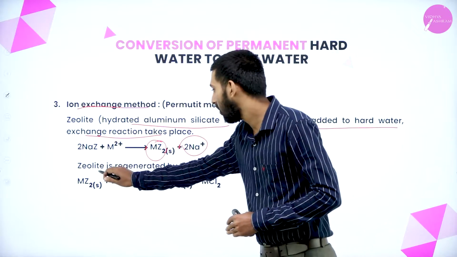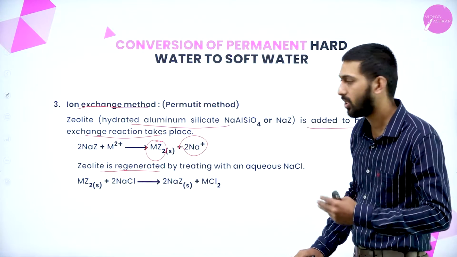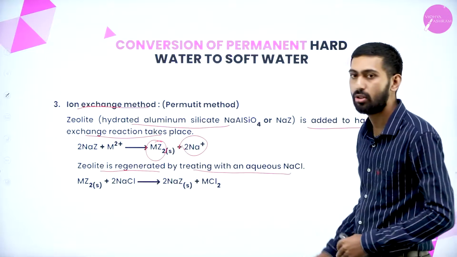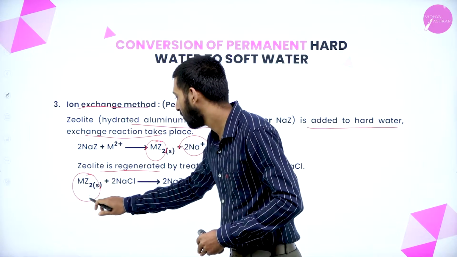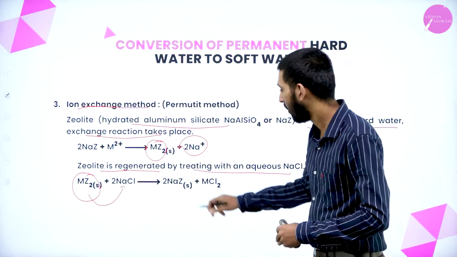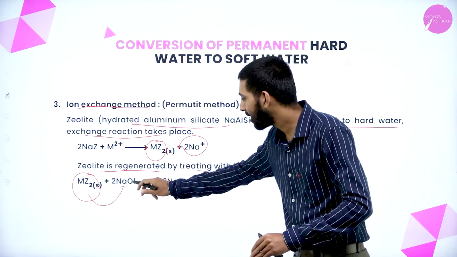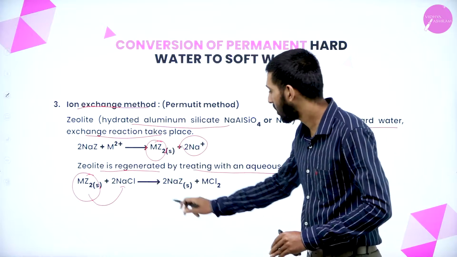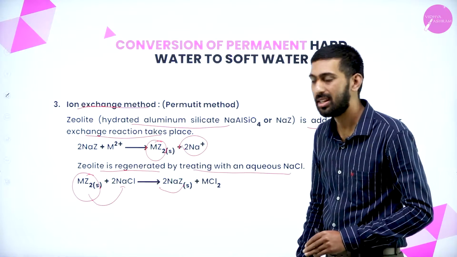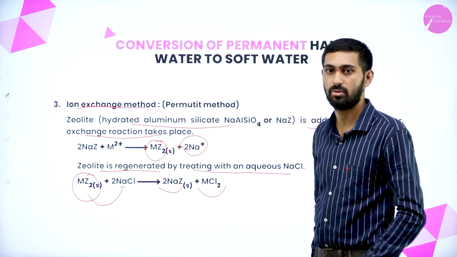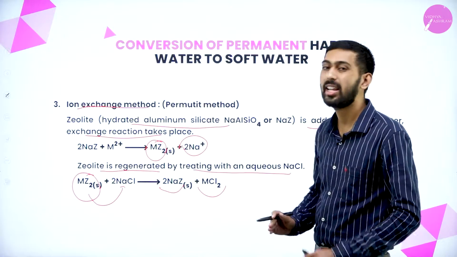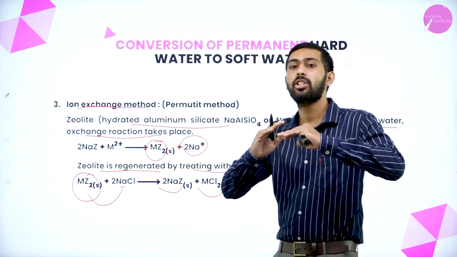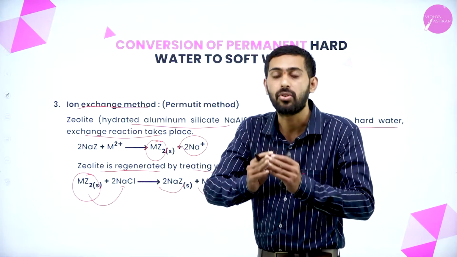Here zeolite is regenerated by treating with an aqueous solution of sodium chloride. When zeolite is treated with sodium chloride, an exchange of ions reaction takes place: 2NaZ plus MCl2. That is known as the ion exchange method, where exchange of ions takes place in the solution.